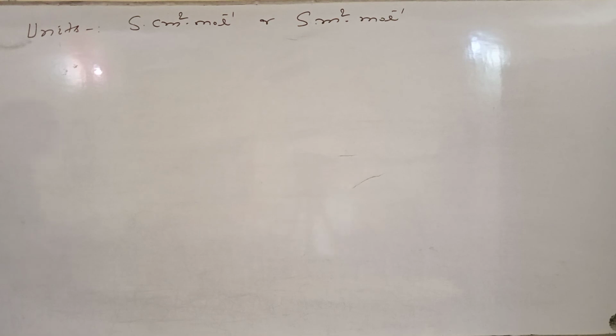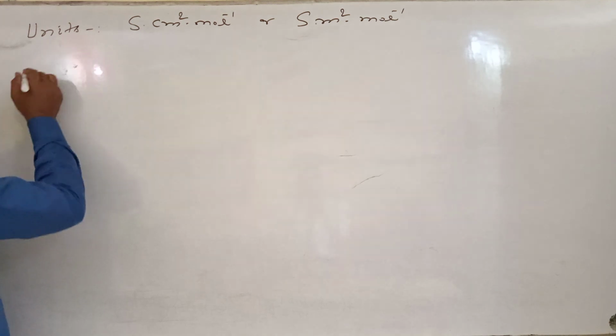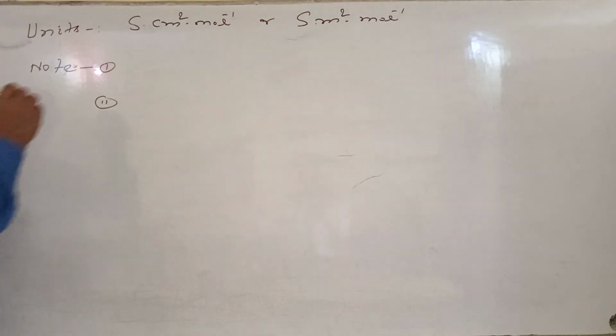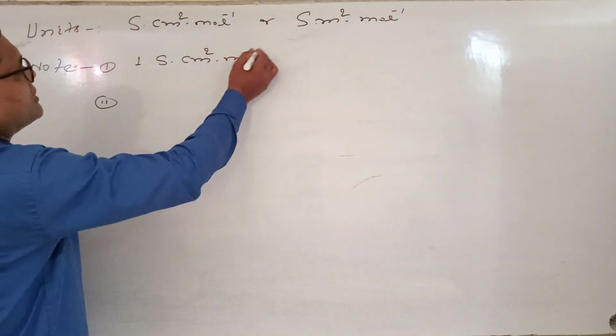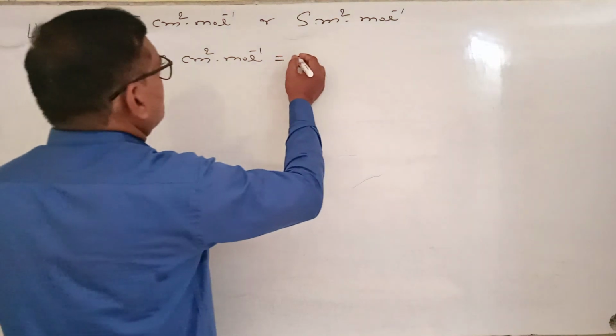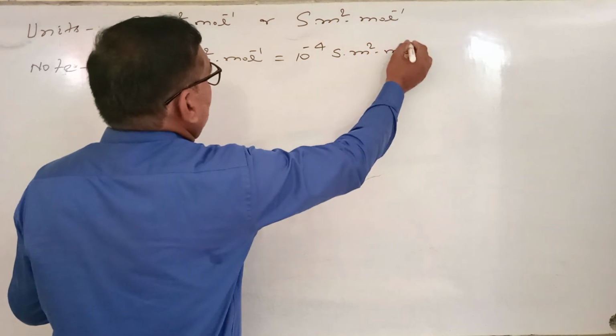Now we write notes 1 and 2. Note 1: 1 Siemens cm square mole inverse is equal to 10 to the power minus 4 Siemens meter square mole inverse.